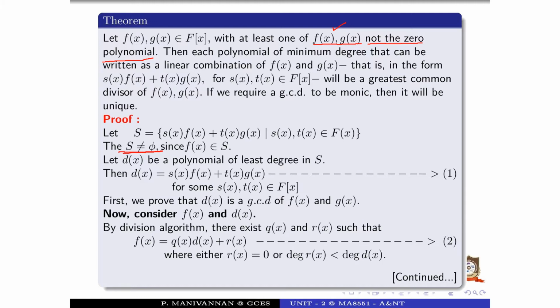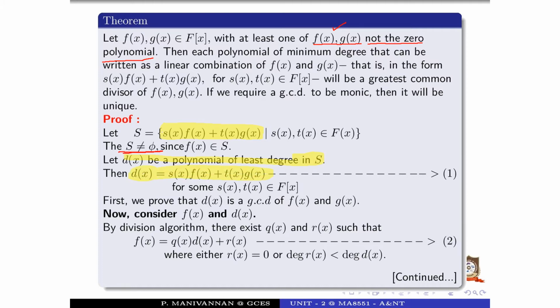Let d(x) be a polynomial with least degree in S. In this collection S, we assume d(x) is the least degree polynomial in S. Therefore, every element in S is of this form. Therefore, d(x) equals some s(x)f(x) plus t(x)g(x). Let us assume this.